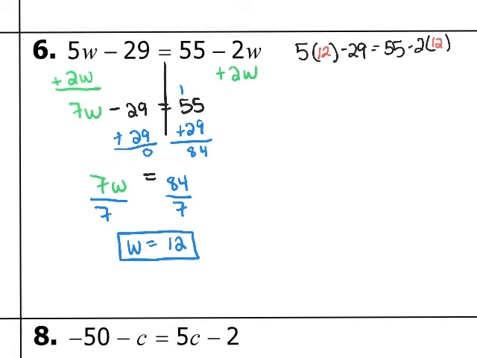So 5 times 12 is 60, minus 29. 60 minus 20 is 40, minus 9 more is 31. 2 times 12 is 24. We're subtracting 24, which is also 31.